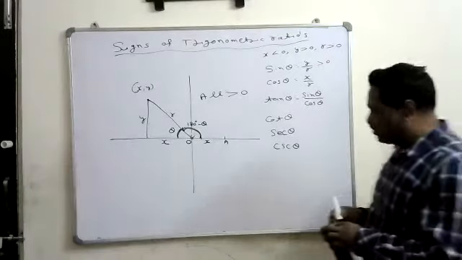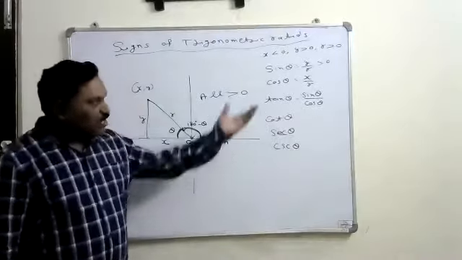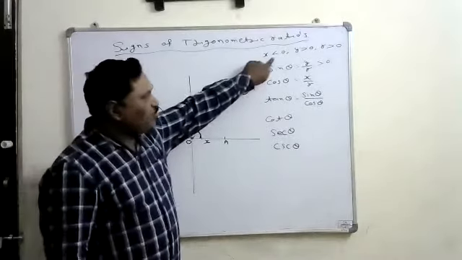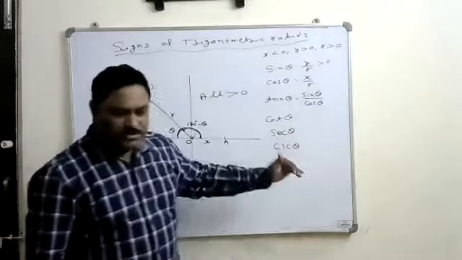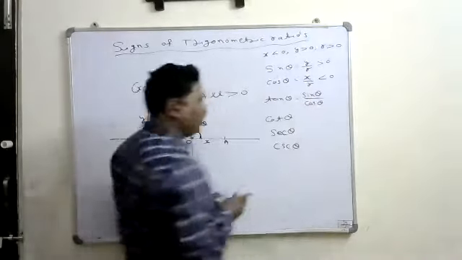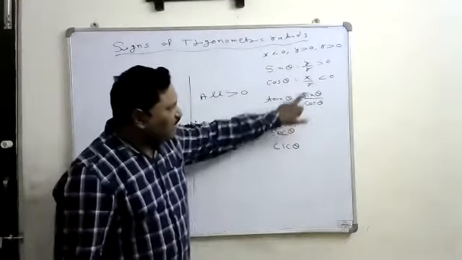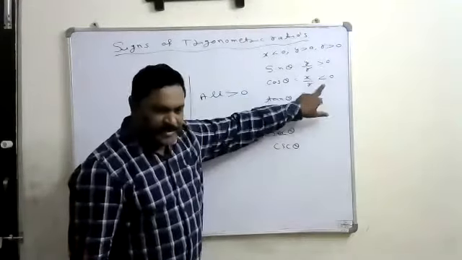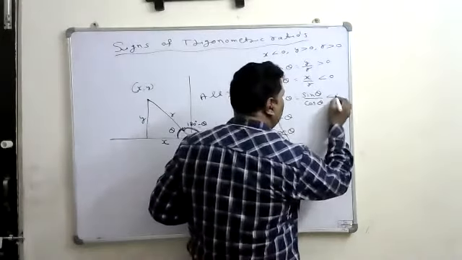Similarly, cos theta is x by r. X is negative, r is positive, negative upon positive is negative. If we consider tan theta, sin theta by cos theta, sin is positive, cos is negative, positive upon negative is negative.